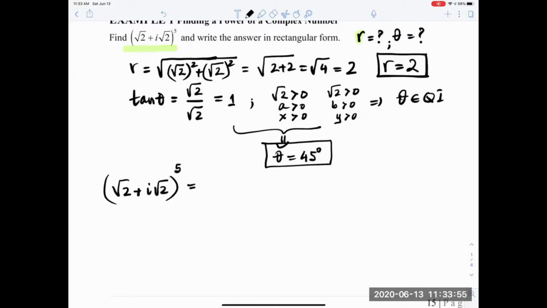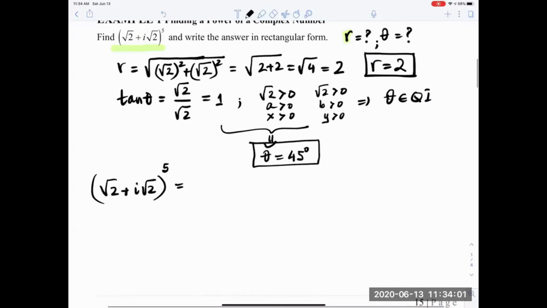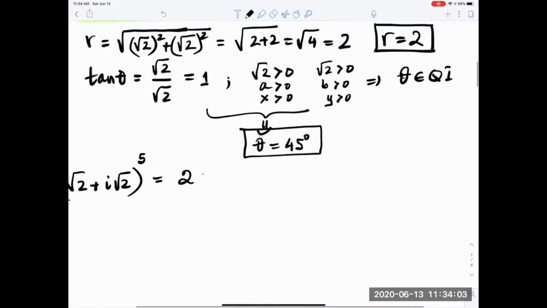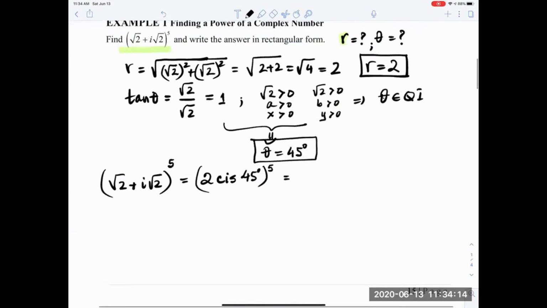I can simply rewrite it, let's put it in a compact format because it's a little bit faster, I guess, as 2 CIS of 45 degrees. And now I have to raise that to the 5th power. So that is applying the Moivre theorem.